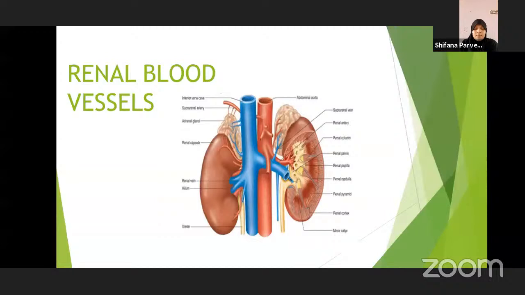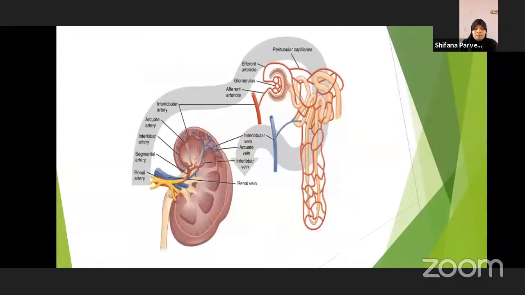First of all, let us learn about the renal blood vessels. The renal artery enters the kidney through the hilum, and while passing through the renal sinus, it divides into segmental arteries, which further divide into interlobar artery, arcuate artery, interlobular artery, and afferent arteriole.